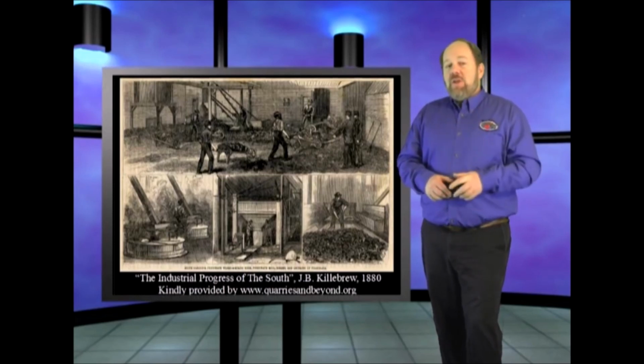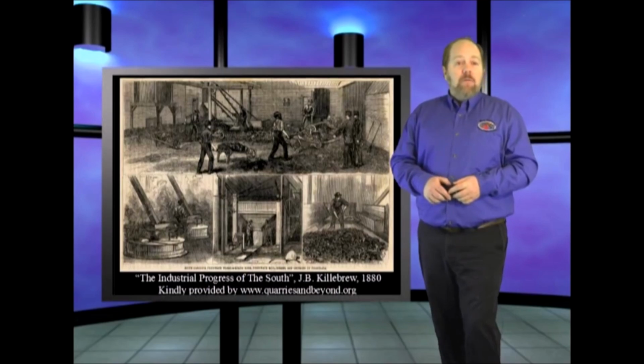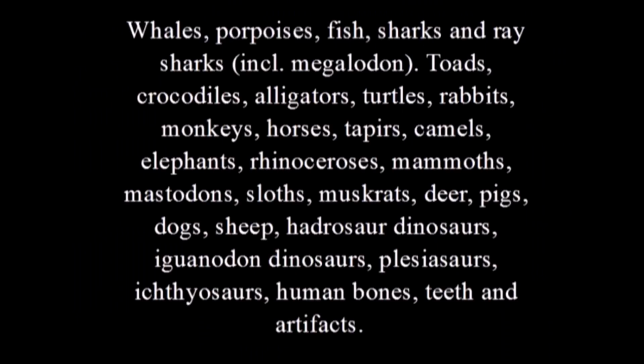In that 18-inch thick layer, there has been found together the bones of whales, porpoises, fish, sharks and ray sharks, including the gigantic shark Megalodon, toads, crocodiles, alligators, turtles, rabbits, monkeys, horses, tapirs, camels, elephants, rhinoceroses, mammoths and mastodons, sloths, muskrats, deer, pigs, dogs, sheep, hadrosaur dinosaurs, iguanodon dinosaurs, what are commonly called marine dinosaurs like the plesiosaurs and ichthyosaurs, and yes, human bones, teeth, and artifacts.